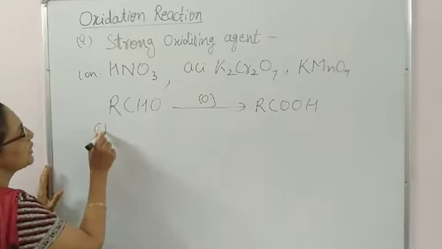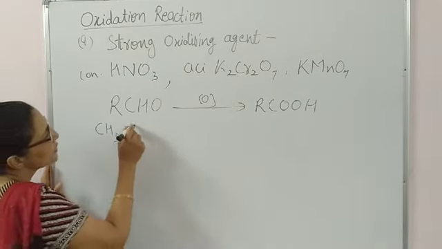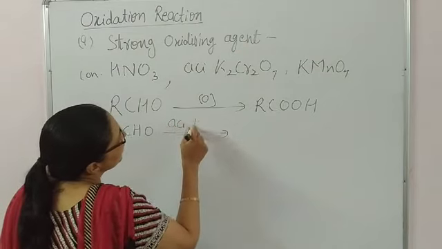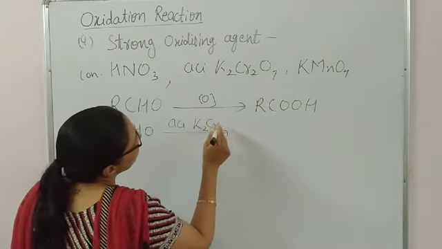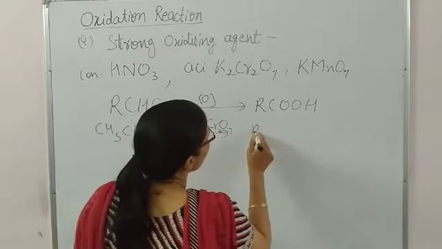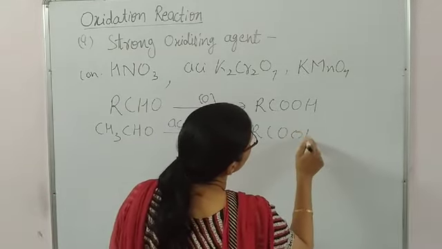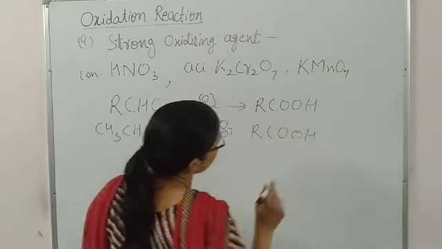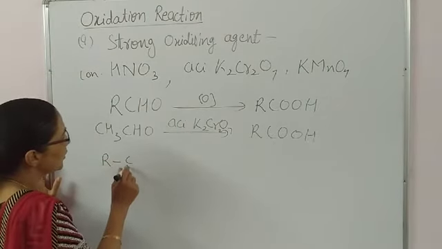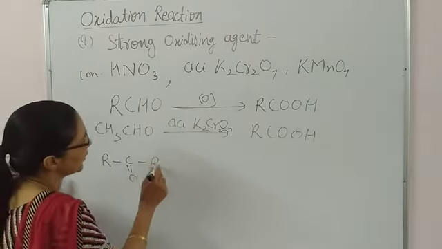For example, CH3CHO. Suppose acidified potassium dichromate. You can use any of the oxidizing agents. Then there will be formation of RCOOH. Now the turn of ketone. Suppose ketone RCOR'.